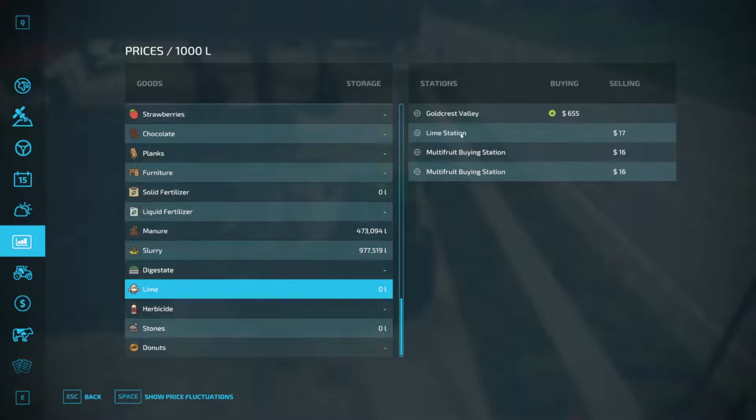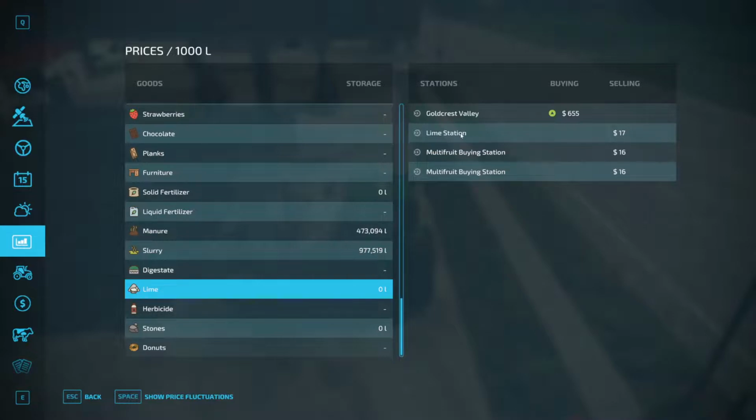It worked out to the same economy price per liter based on the discount that the lime station was providing. Okay. So that just confirmed for you everything. The base game economy price per liter is $1.